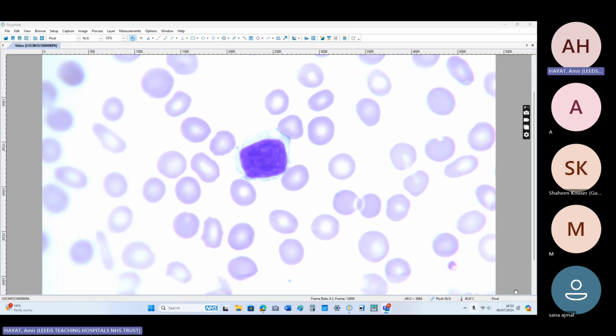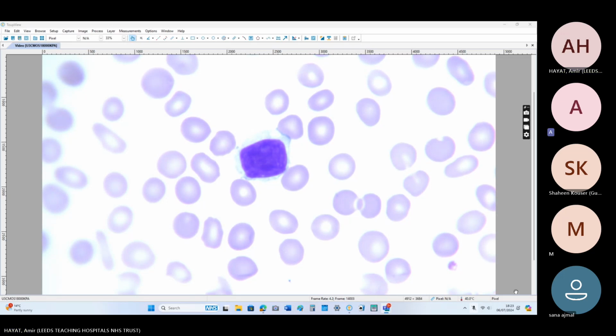Yes, now there are four or five categories of mantle cell lymphoma. Small cell resembles CLL. This is not small cell mantle cell, and there's no pleomorphism. It is not blastoid type. So maybe the other category. Yes, mantle cell lymphoma is very difficult to diagnose on blood film morphology only.